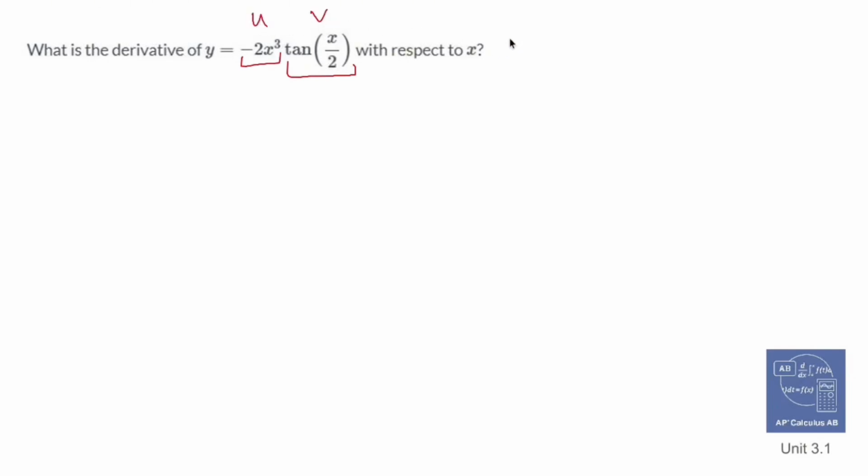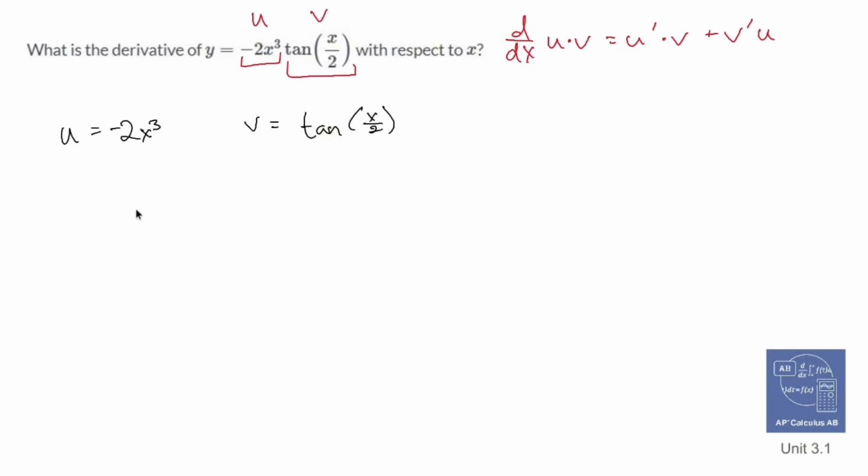Remind yourself that product rule says the derivative of u times v is going to be the derivative of the first guy times the second guy plus the derivative of the second guy times the first guy. So let's take this one step at a time. U is going to be negative 2x cubed. No craziness there. V is going to be tan x over 2. I'm not looking forward to what's about to happen.